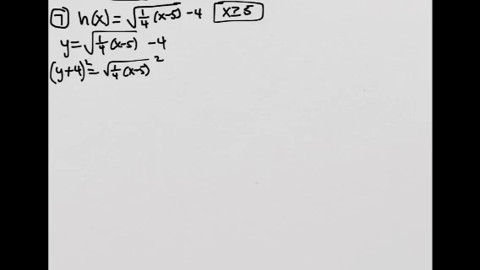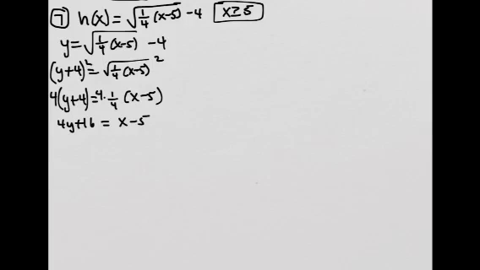And so on the left side I get y plus 4. On the right side I get 1/4 times the quantity of x minus 5. So I'm going to multiply both sides by 4. And remember, on the left side we have to use parentheses.